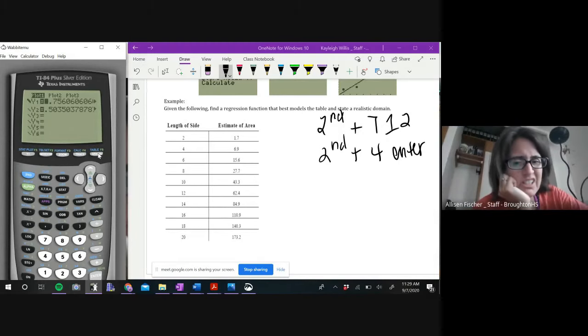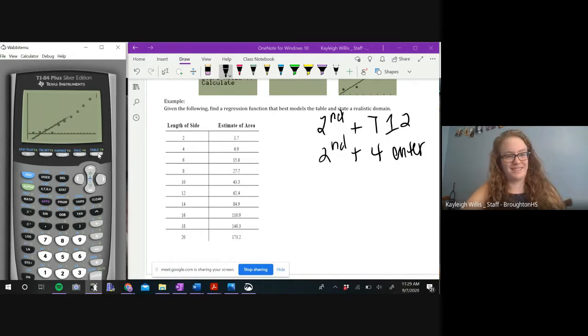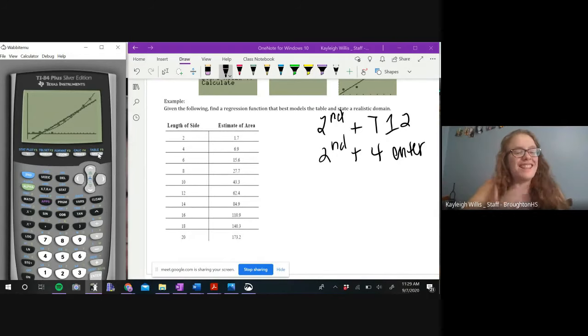That's a good idea. Right? I'm thinking ahead. So I'm going to hit graph. There's the line. And then here is the quadratic. Oh, that went through like all the points. So in this case, it looks like our quadratic is the best regression.